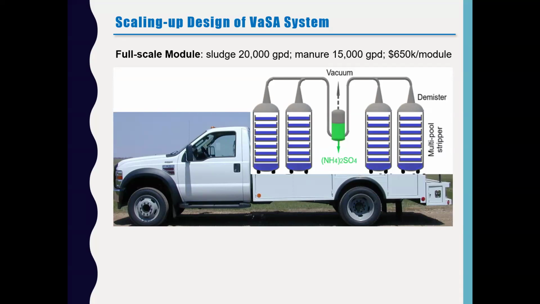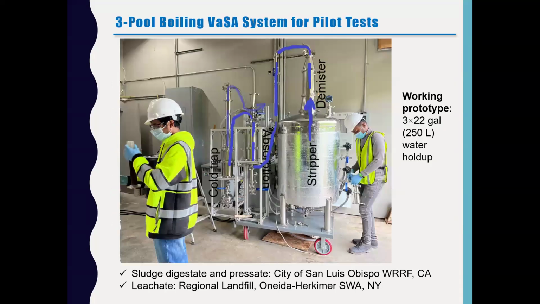Before full-scale application, we need to demonstrate that. And we built a 3-pool system. This is a stainless steel tank vessel. We mounted 3 tanks vertically. Vapor moves through the demister and goes to the absorption solution, and escaped moisture is further retained in the cold trap.